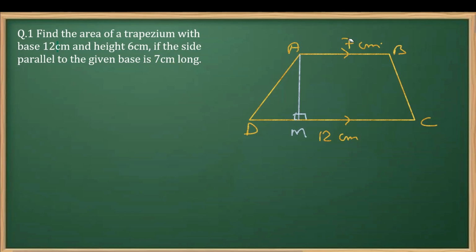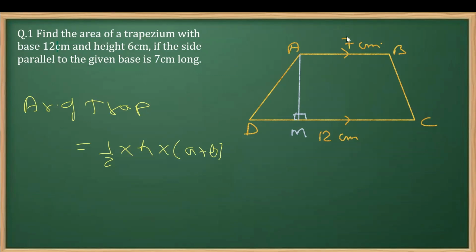So we have a direct formula for finding the area of a trapezium, and area of a trapezium is what? That is half multiplied by the height, that multiplied by the sum of the parallel sides. So we use A and B as the symbols. So this is height. Altitude, as you can see, it's given in the question as 6 centimeter.